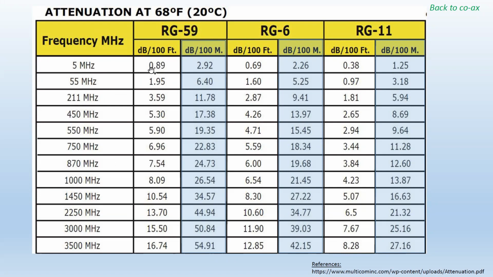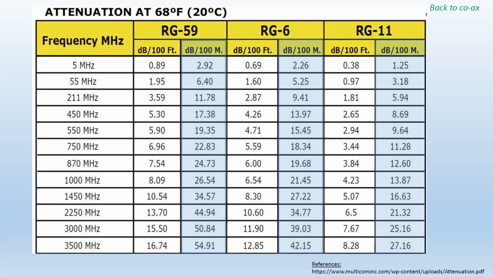It could be a huge difference. Look, 0.89 dBs at 5 megahertz of attenuation compared to 16. Well, remember, if you lower it by 3 dB, you're cutting the power in half, but this is 16 dBs. That's wow, you know.